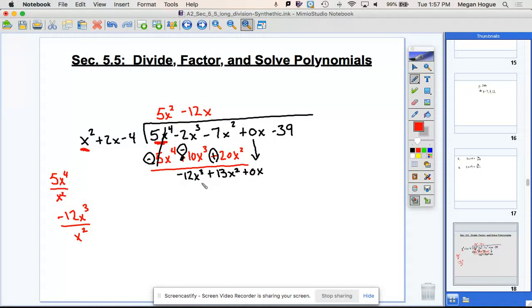Okay, I got to distribute. Negative 12x cubed minus 24x squared plus 48x. Reverse those signs.